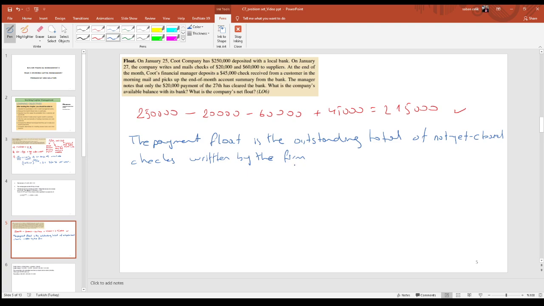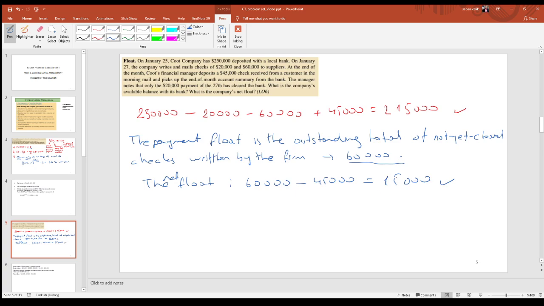Well, in this case it is $60,000. So the net float is this $60,000 minus the amount we deposited, $45,000, which equals $15,000.